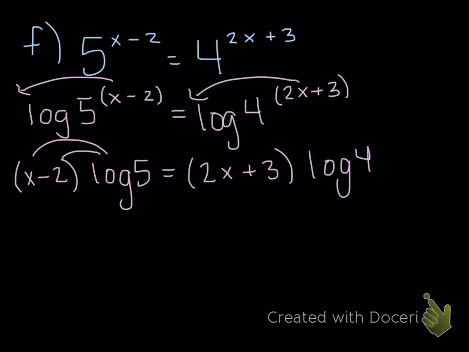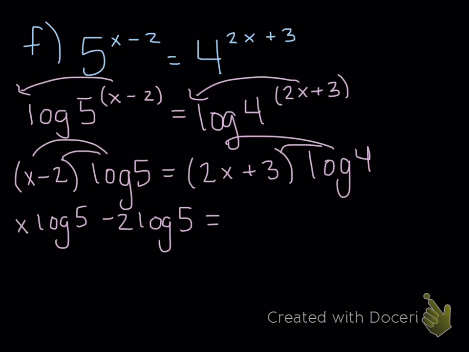You're distributing from the back end, so it'll be x log 5. It's the same idea, it's just the terms on the end instead of the beginning. Minus 2 log 5. On the right-hand side, I have 2x log 4 plus 3 log 4.